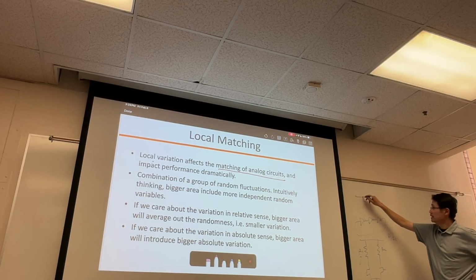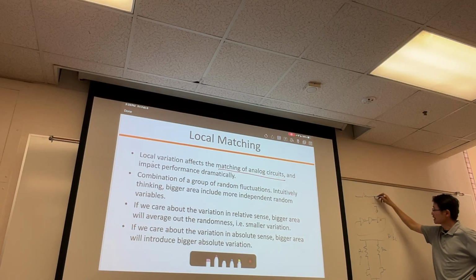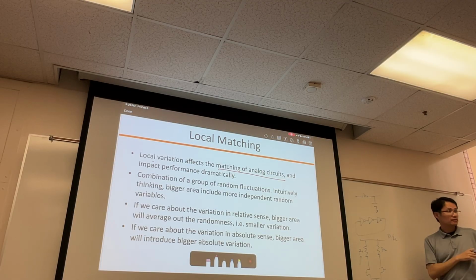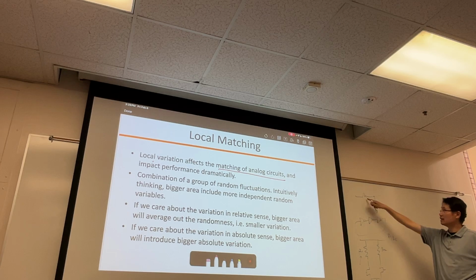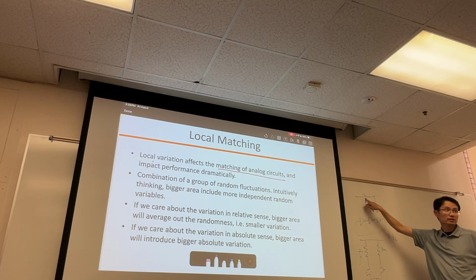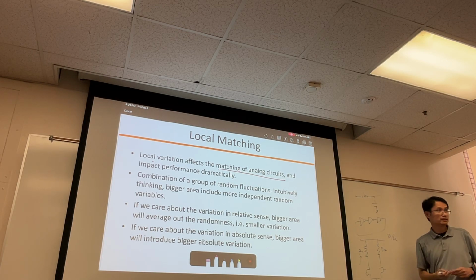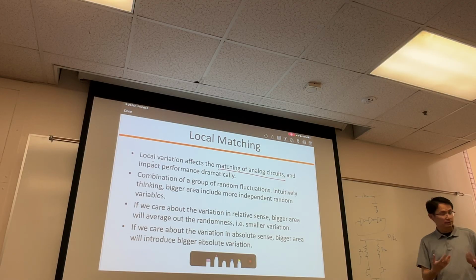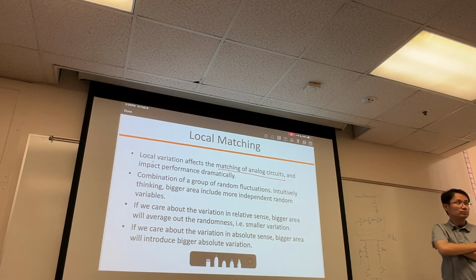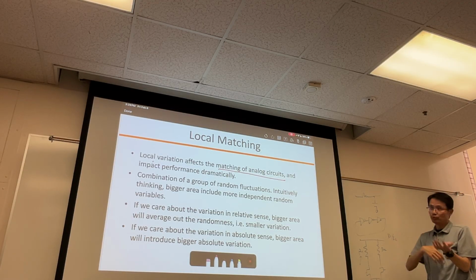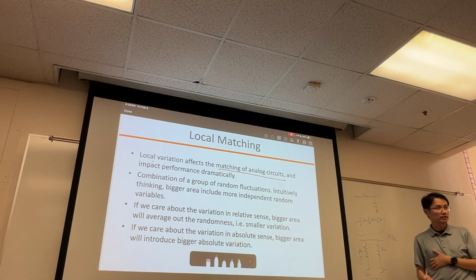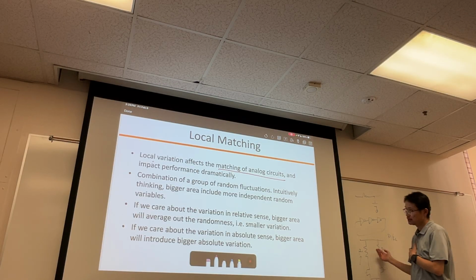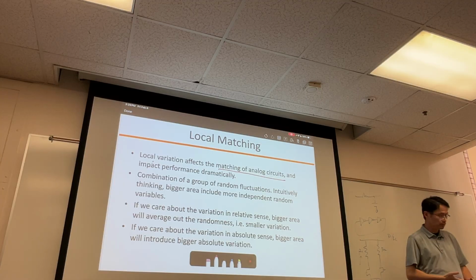However, if you build a filter like this, you care about the absolute value, because R variation will change the pole frequency. These are some examples to show you in what scenario you care about absolute value, or about the relative value between devices.